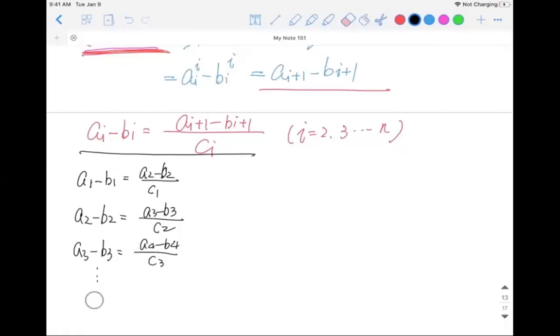Excuse me, I don't have to go for A_{n+1}. A_n - B_n will be equal to (A_{n+1} - B_{n+1}) divided by C_n, right?